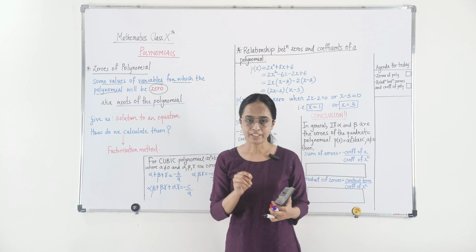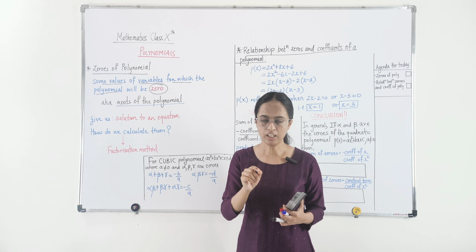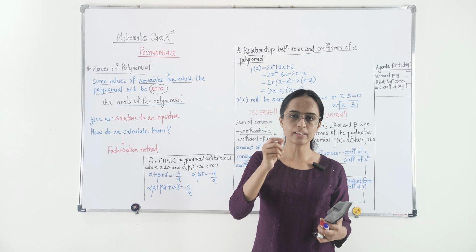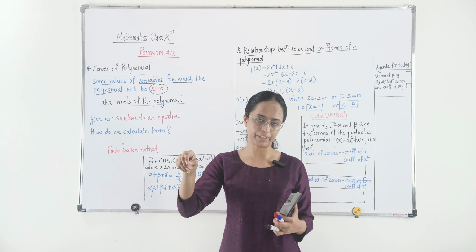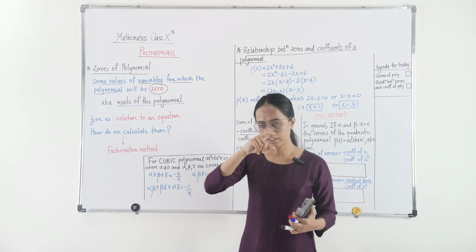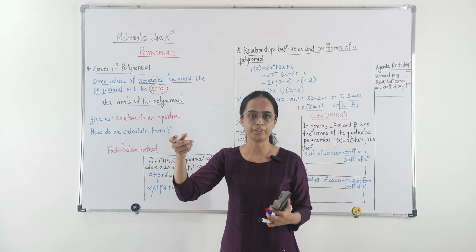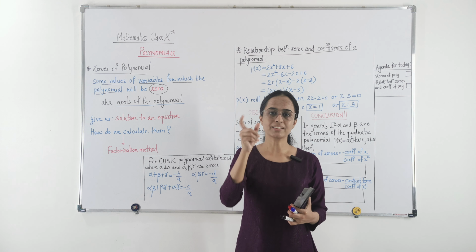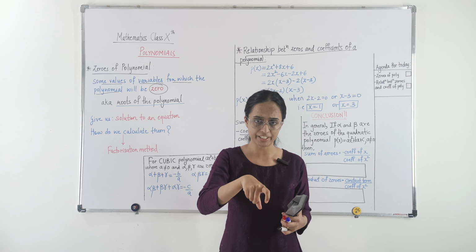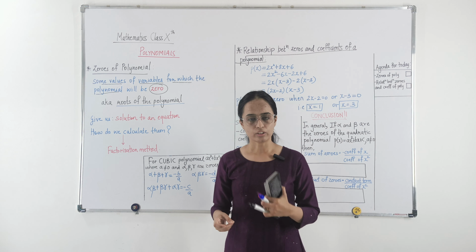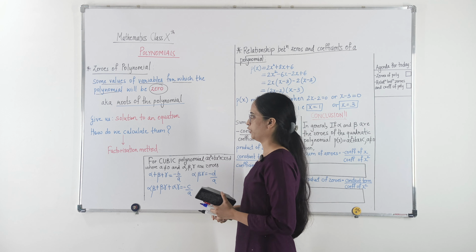So the values for the variable in the polynomial such that when you put that numerical value in place of that variable, let's say if the variable is x, then the resultant value of the polynomial that you get is equal to 0. So such values which when substituted in place of the variables in a polynomial give you the value 0 are called the zeros of the polynomial.